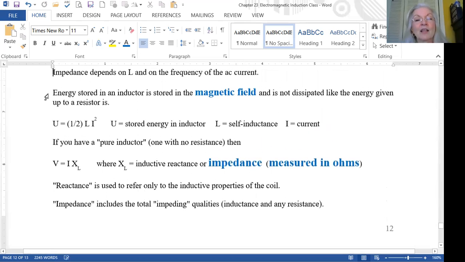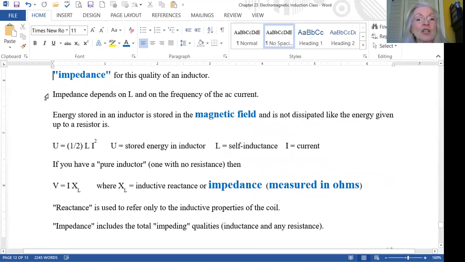Here we are. So energy is stored in an inductor in the magnetic field, and it's not lost or dissipated like the energy given up in a resistor. So that's one reason you would use it to resist the flow of current. It also can store energy. You don't need to memorize the equations. They're just there to give you some idea of what's going on.